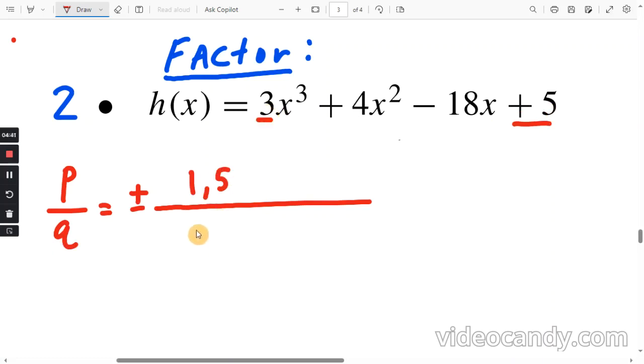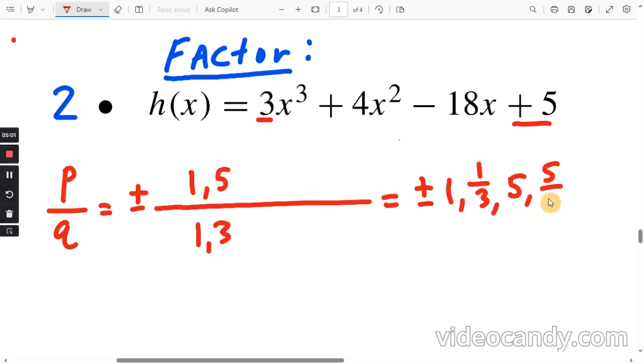That's 3. What times what is 3? That's just going to be a 1 and a 3. So what do we have? 1 over 1, that's just 1. 1 over 3, that's just 1/3. 5 over 1, that's just 5. And 5 over 3 is going to be 5/3.